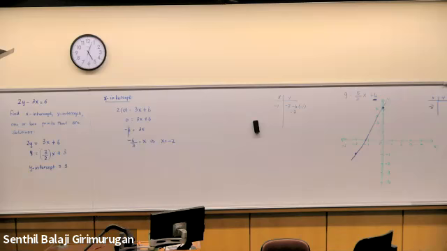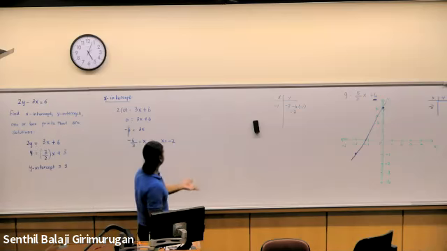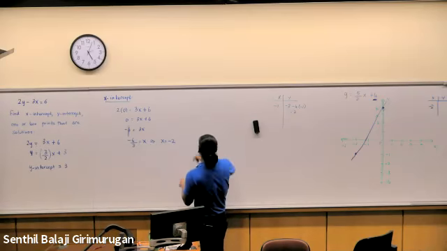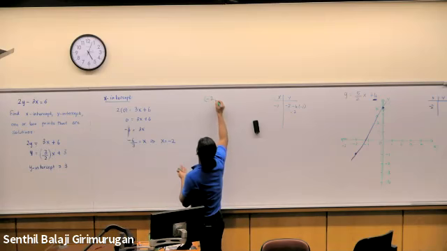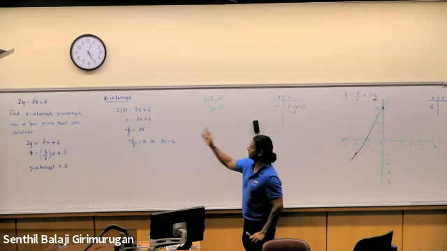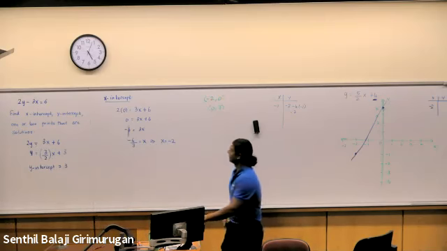What's your name? Anisella. Anisella says I could simply use the x-intercept and the y-intercept. She's absolutely right. So -2, 0 and 0, 3, both of them are solutions to that equation.